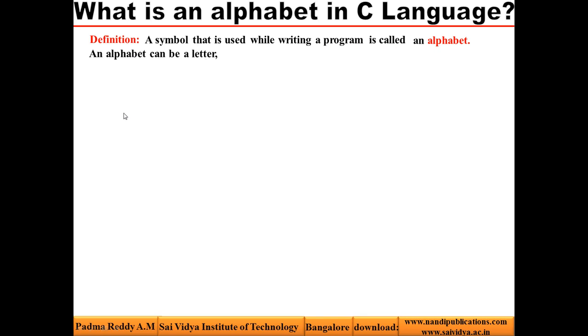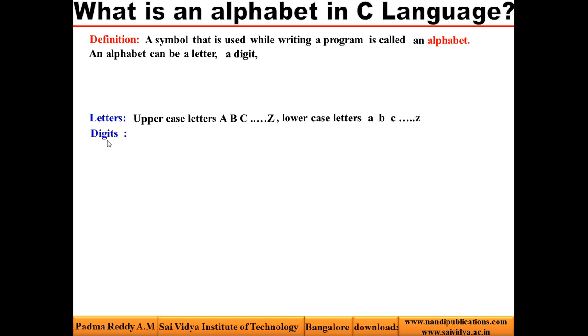Letters can be capital letters A, B, C and so on up to Z, and lowercase letters a, b, c and so on up to z. So an alphabet can be a letter, or it can be a digit also. Digits are from 0 to 9. So an alphabet can be a letter, a digit, or it can be a symbol.